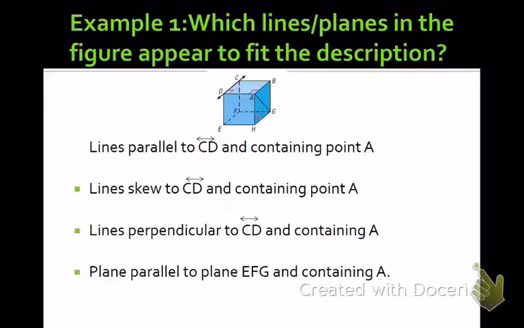If they're going the same direction, then they're going to be in the same plane, like line EF, or line AB, or line HG. All those lines are parallel. They're in the same plane, and they're going the same direction. The only one that does that and has point A in it is line AB.